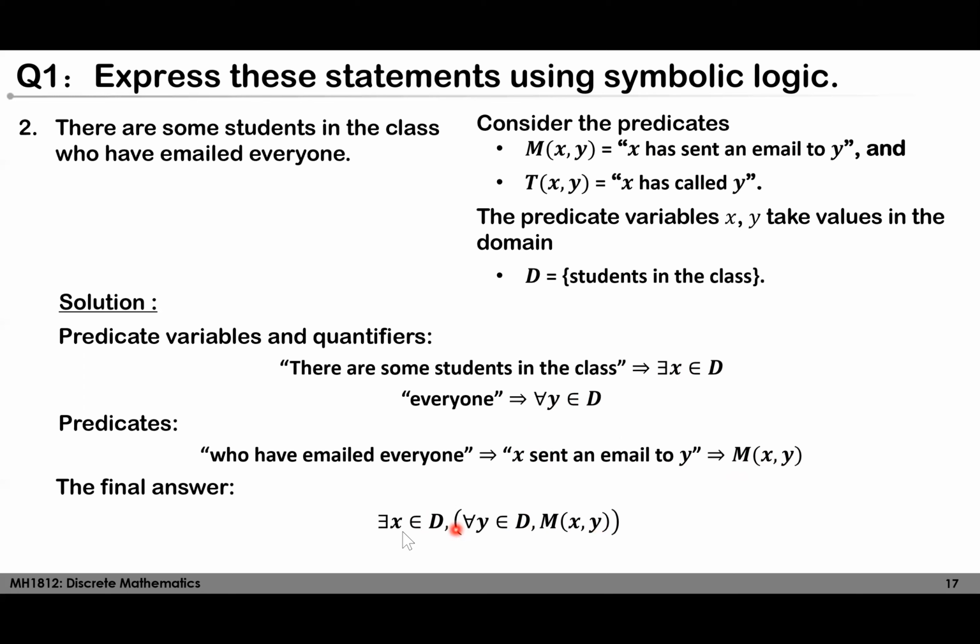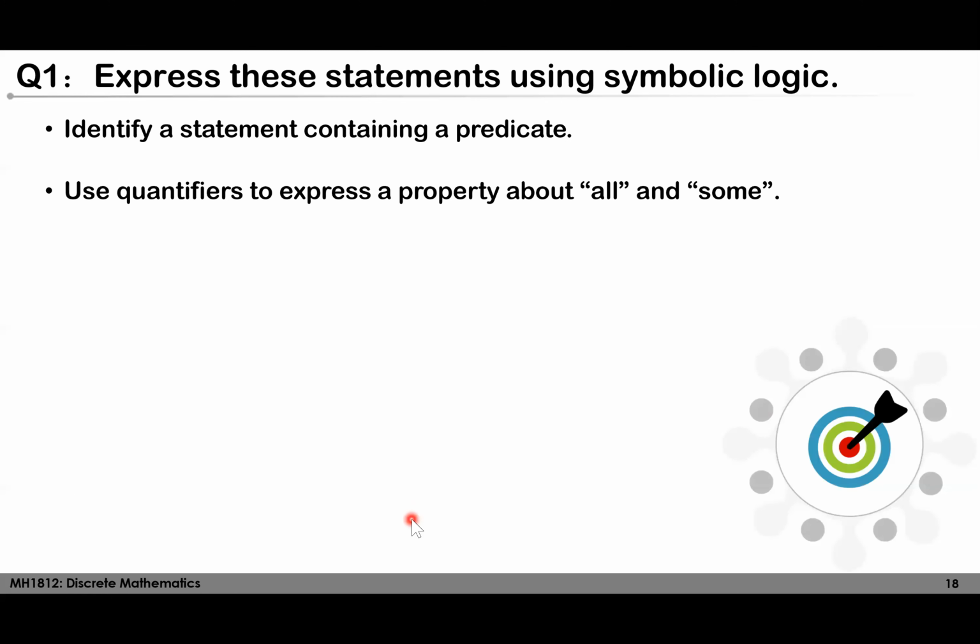Because these two quantifiers are different, note that the order of the quantifiers is important. So the target of question 1 is to identify a statement containing a predicate and use quantifiers to express a property about all and some.